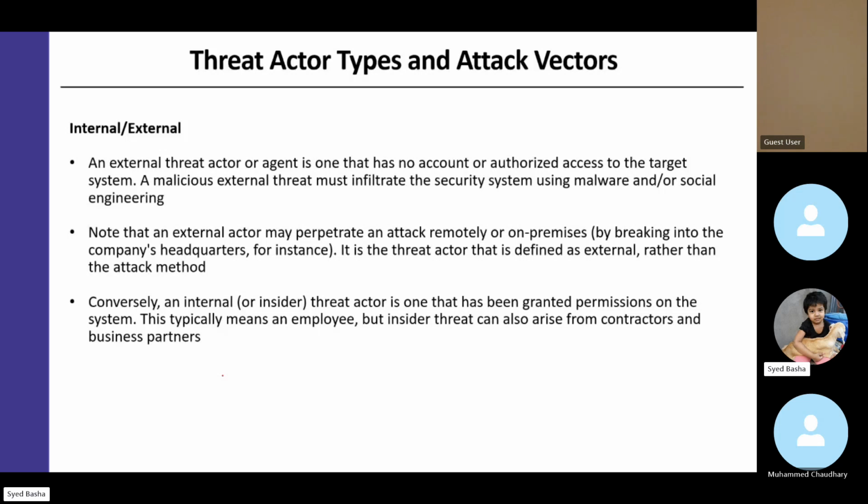And when it comes to internal, there are many attacks possible, because some employees do something unwillingly, or not knowing what they are doing. This can sometimes bring the system down.